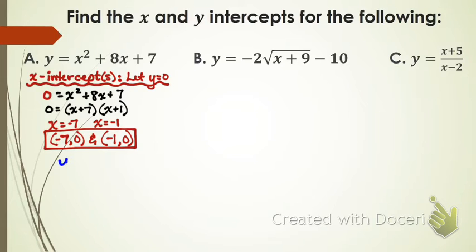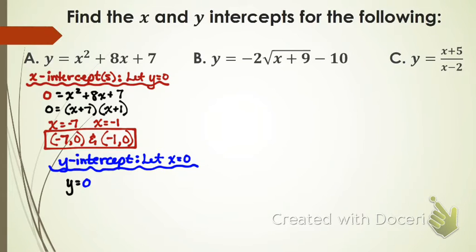For my y-intercept, I let what be 0? Let x equal 0. I like this one better. I think the y-intercepts are easier. So I would have y equals, anywhere I see x, I'm going to replace it with a 0.